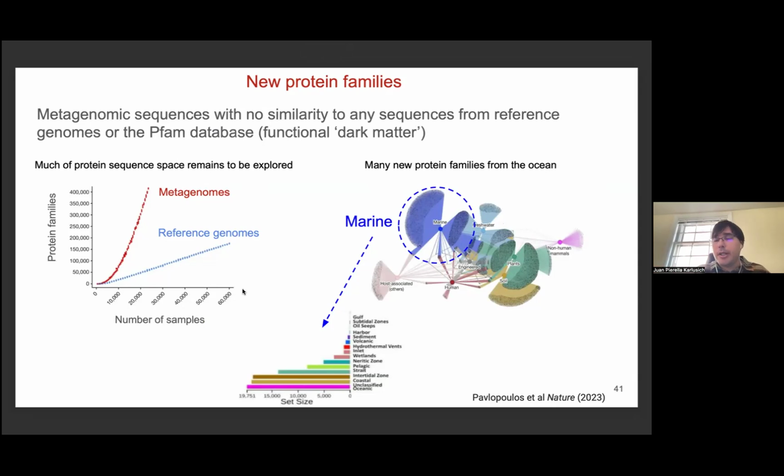This is, for example, a recent paper in which they analyzed a whole public database of metagenomes, and you can see that marine samples were among the samples that contain most of the unknown genes that we have collected so far.